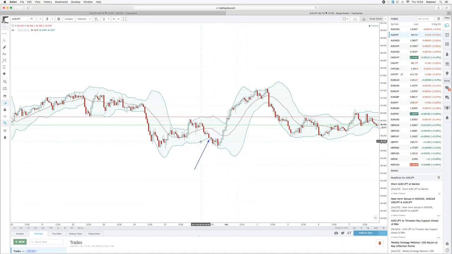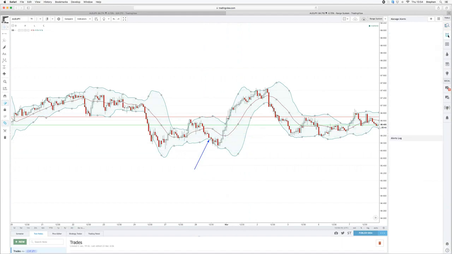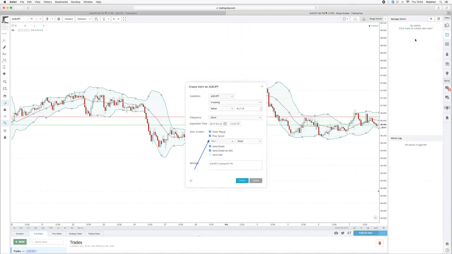Simply click on the Bollinger Band, go up to your alerts, add an alert. We're going to look for a value. So we've got Bollinger Band. Okay, so the basis is whether it's the upper or lower band. If we're going to short this market, we will select the lower band.